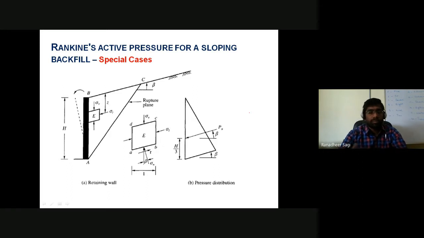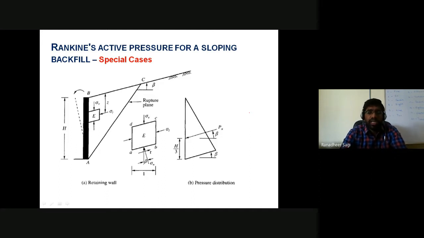If the complete soil or some depth of the soil, some portion of the backfill, is submerged, we have seen how to get your earth pressure distribution diagram, and from that diagram, how to calculate the net resultant thrust force coming on your retaining wall in any of those cases.